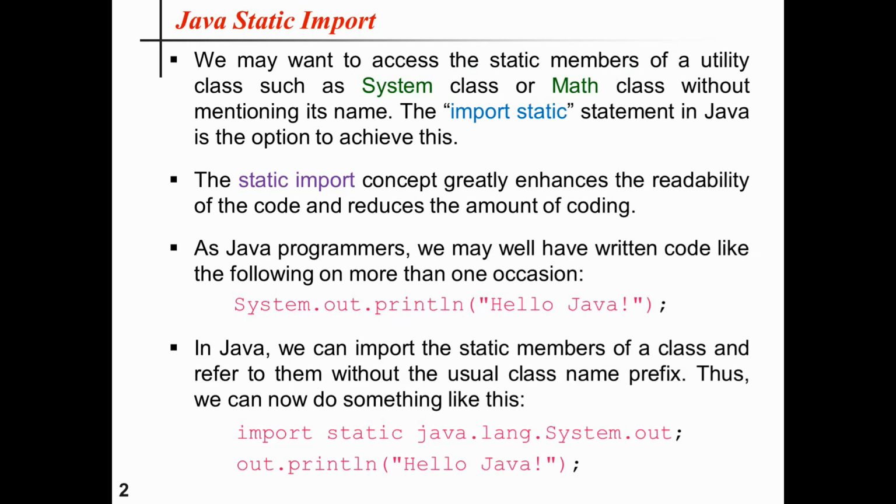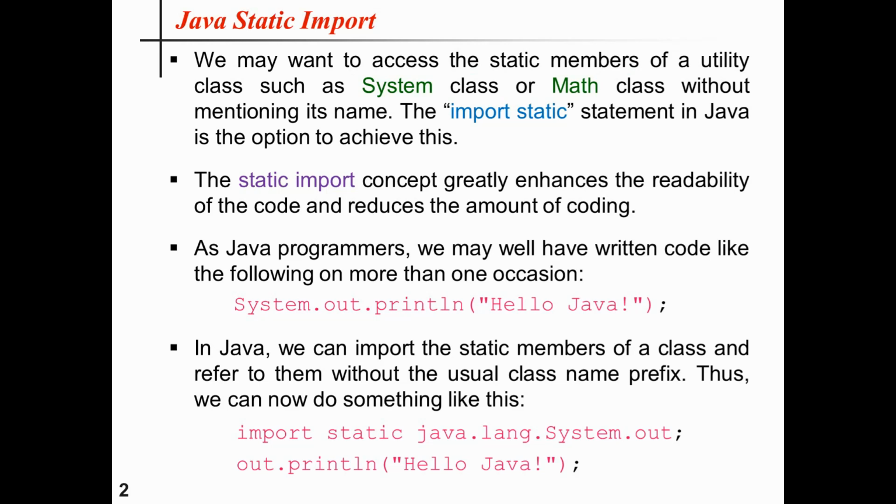First we have to write import static java.lang.System.out. So that is the static import concept being implemented. Then we can write out.println. So here we don't have to mention System.out.println. Instead we can write out.println within double quotation marks "Hello Java". So that is the idea that we have demonstrated.